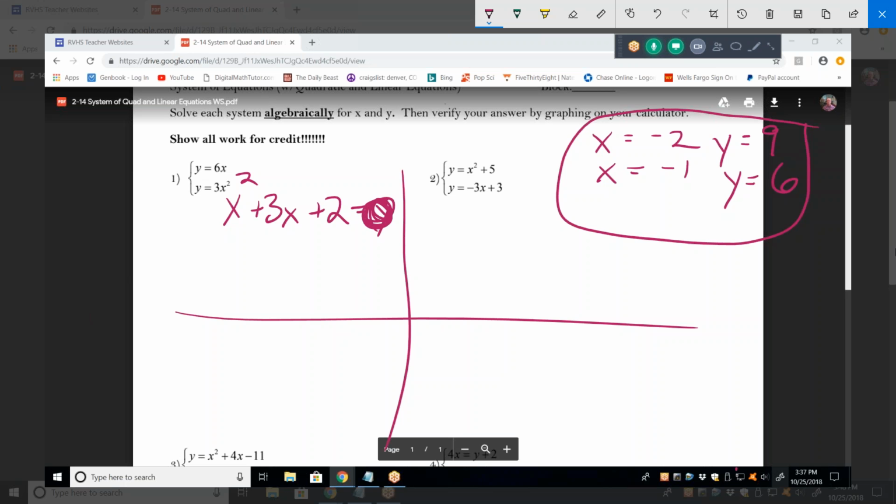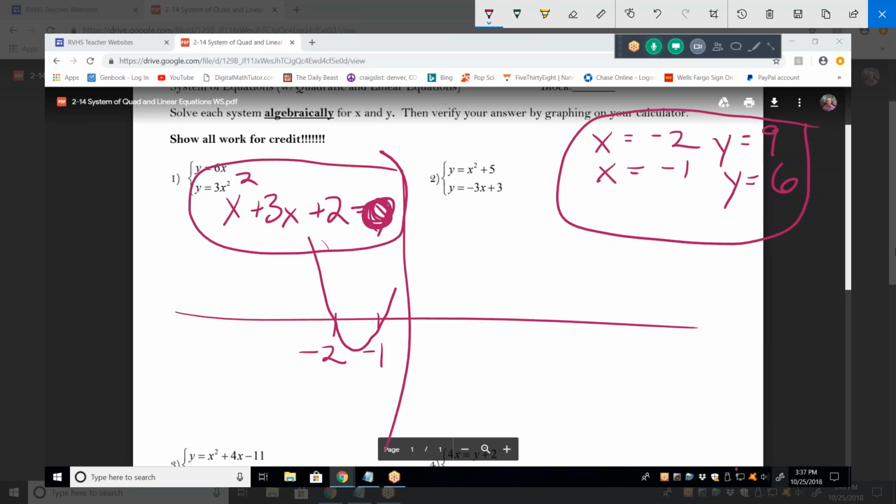Let's talk about how that would graph. That is a parabola. I know its x-intercepts are at -2 and -1. There's -1. There's -2. I also know it opens up.